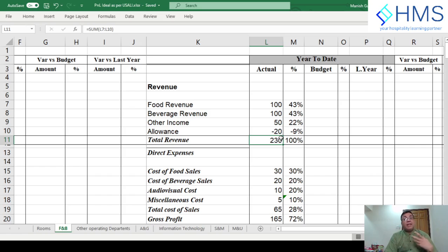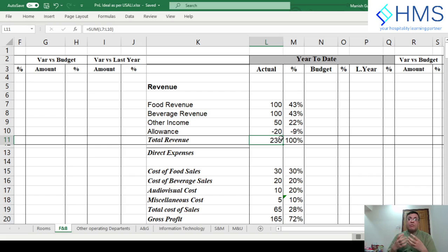You may want to see the nationality of the guests which are coming. Is there any change in the nationality of the guests coming to the hotel? What is the nationality that has been coming to the F&B operations, and now are they coming or not coming? So you will be able to drill down in more detail.